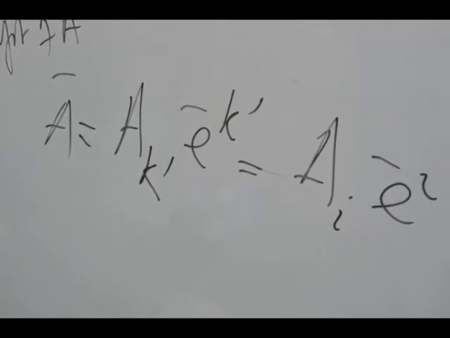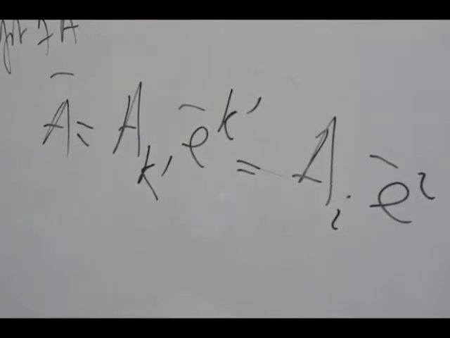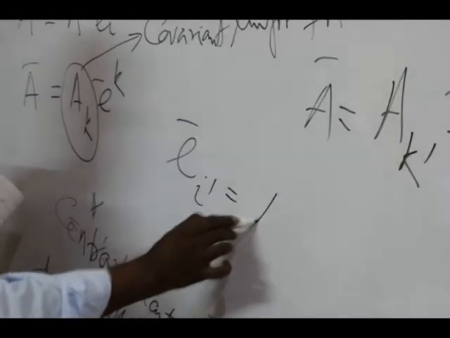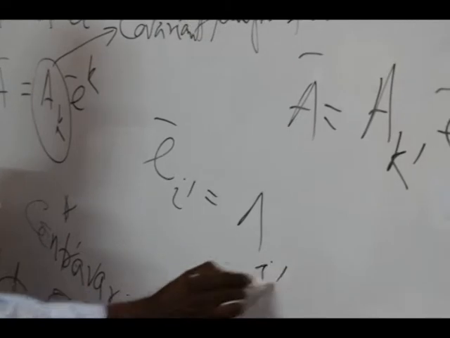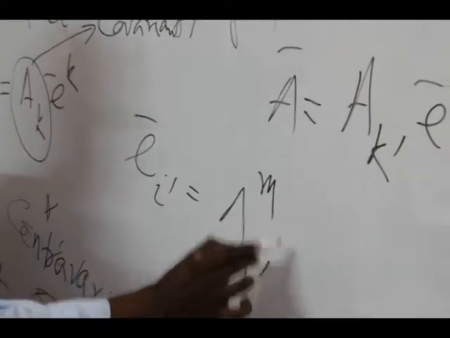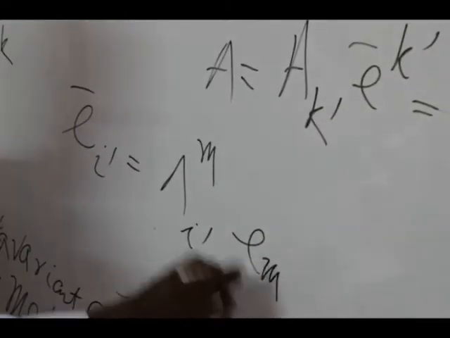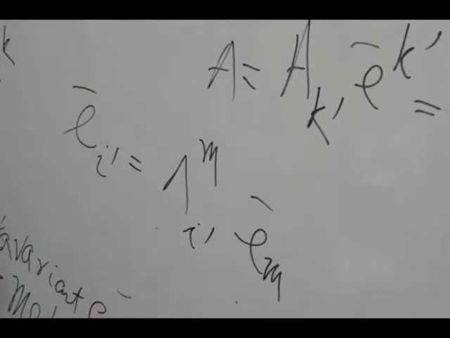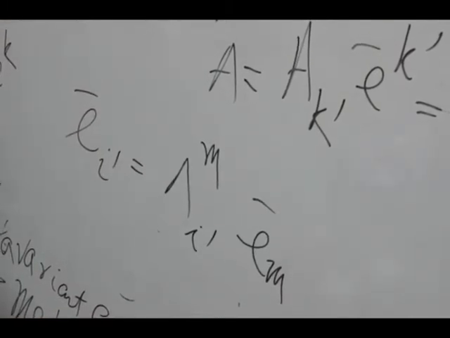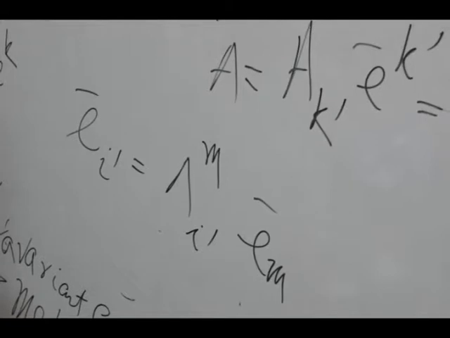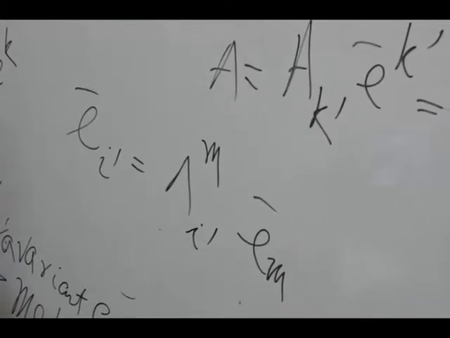We have the transformation law EI dash equals lambda I dash EM. This we already know.